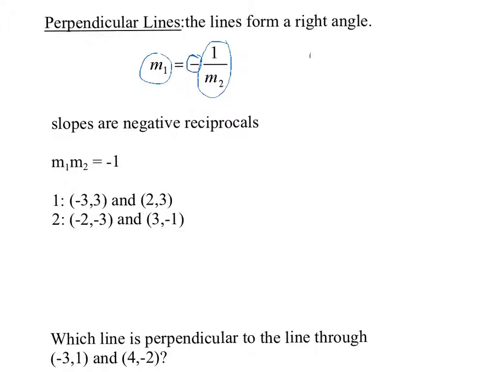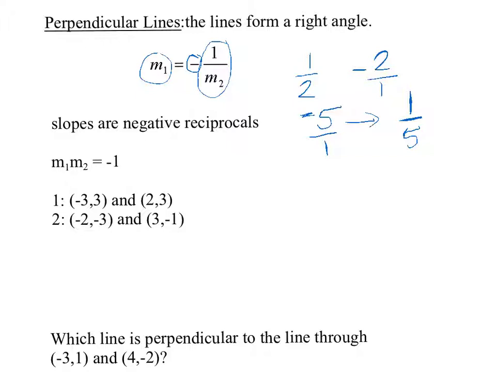So let's just say m is 1/2, then m2 is going to be 2 over 1, it'll be flipped over, and then we'll put a negative out in front. If m was negative 5, then the perpendicular slope would be 1/5 positive, because negative 5 was negative, and then 5 over 1 would be the fraction that we would flip over.